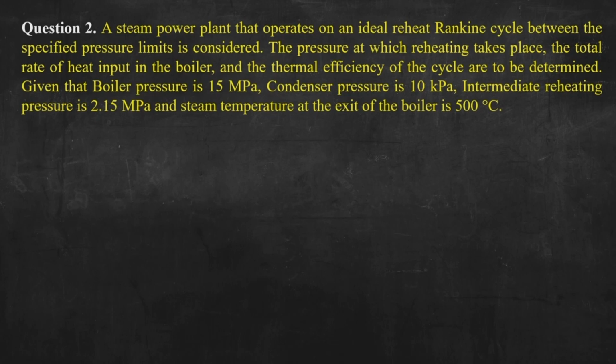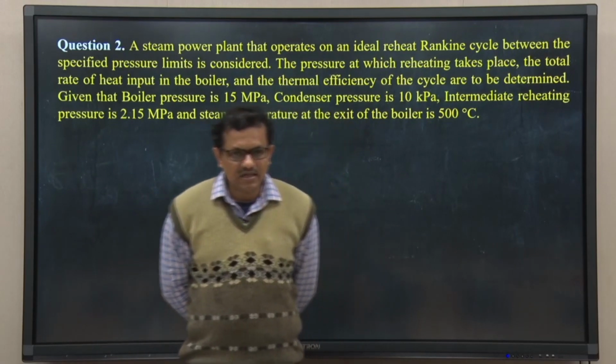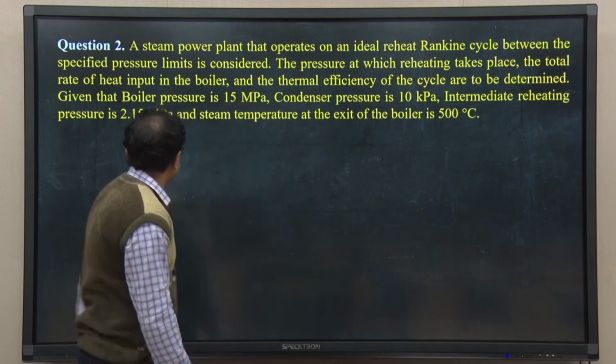Given that the boiler is working at 15 megapascal, condenser pressure is 10 kilopascal, and intermediate reheating pressure is 2.15 megapascal, and steam temperature at the exit of the boiler is 500 degree Celsius. So, given this data set, we need to calculate the heat input in the boiler.